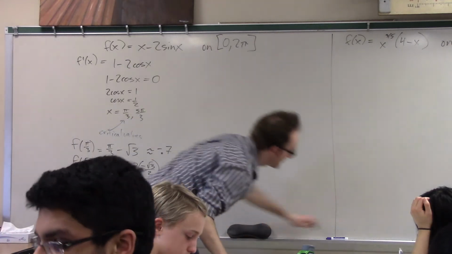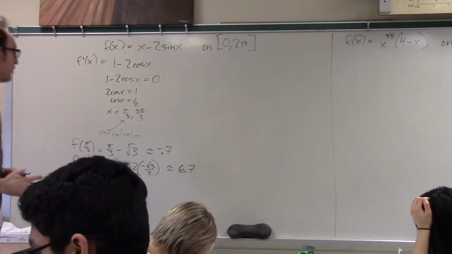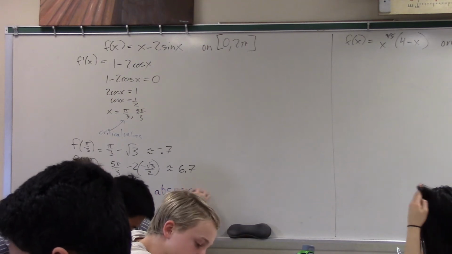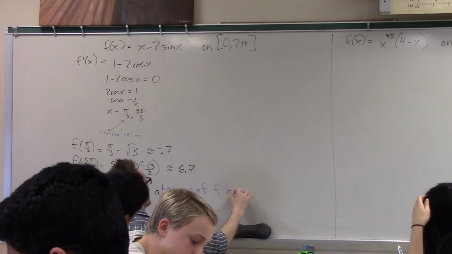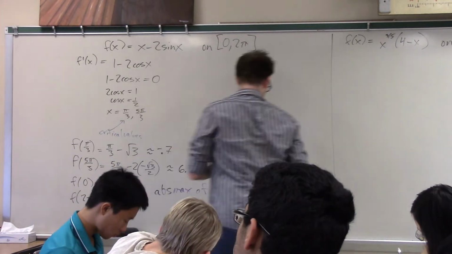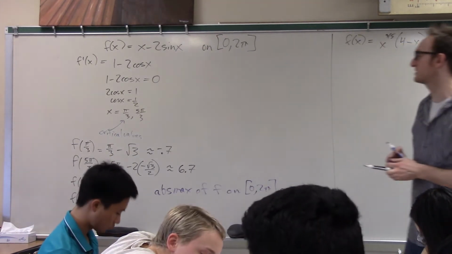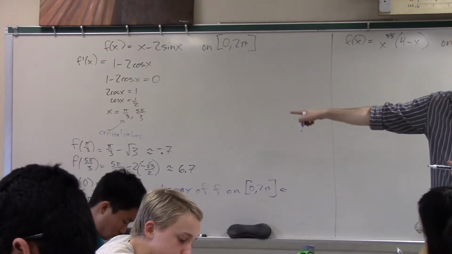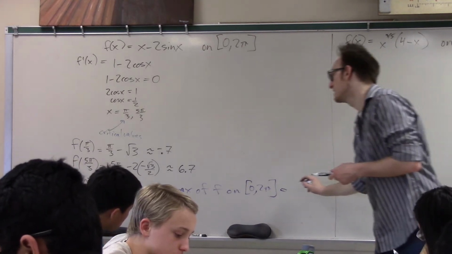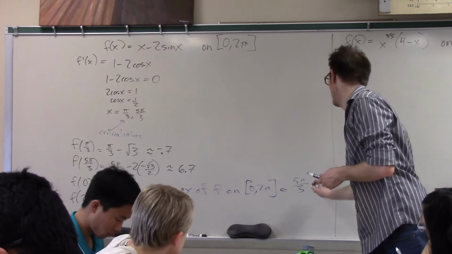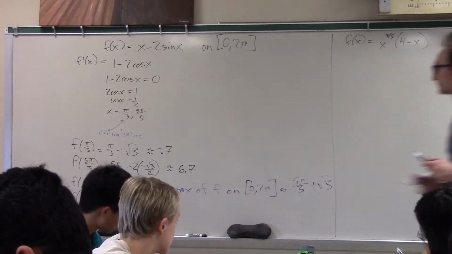Okay, so I'm prepared to announce right now what is the absolute maximum of f on the interval 0 to 2 pi. What is the largest y value on this interval? Oh, it's a little bit close, but I think it's going to be f of 5 pi over 3, right? Yeah. So it's going to be 5 pi over 3 plus root 3.